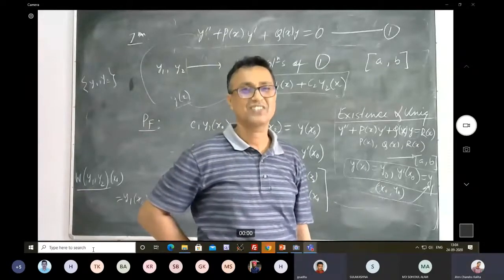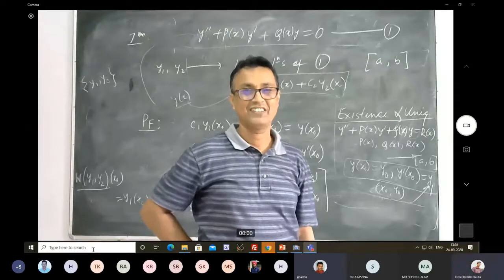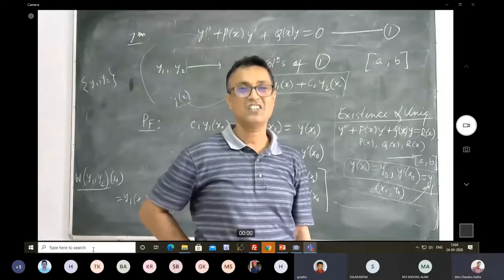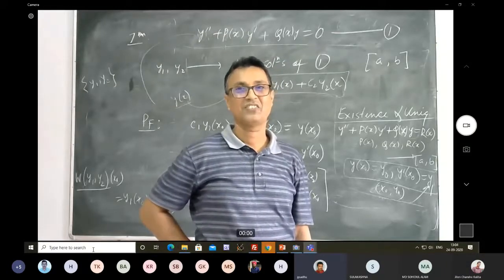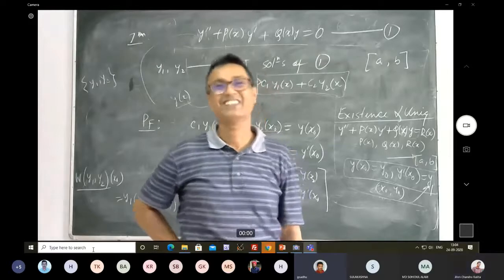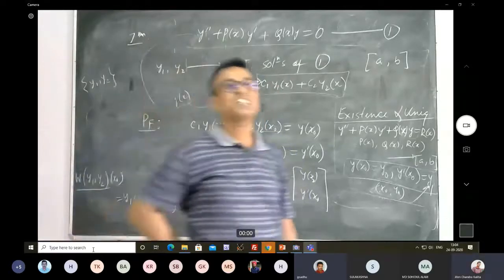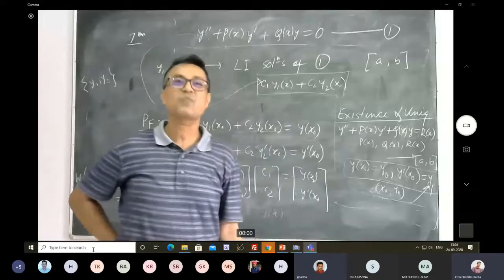One lemma says the Wronskian is not zero throughout the interval, but here the initial condition depends on x naught. So at that particular point, if not 0, then... Exactly, yes. That is the question I was saying.